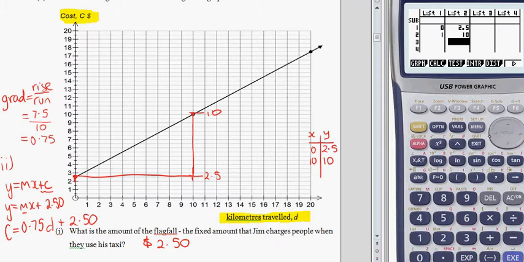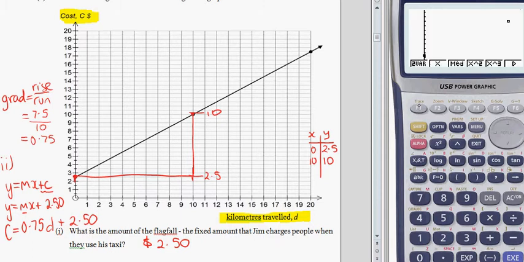Hover over the F1 button, graph 1, calc, choosing along here. For a straight line we'll choose just x, and there I can see the general form of it, y equals mx plus c. The gradient on the calculator is given the letter A, 0.75, and B is the y-intercept of 2.5.